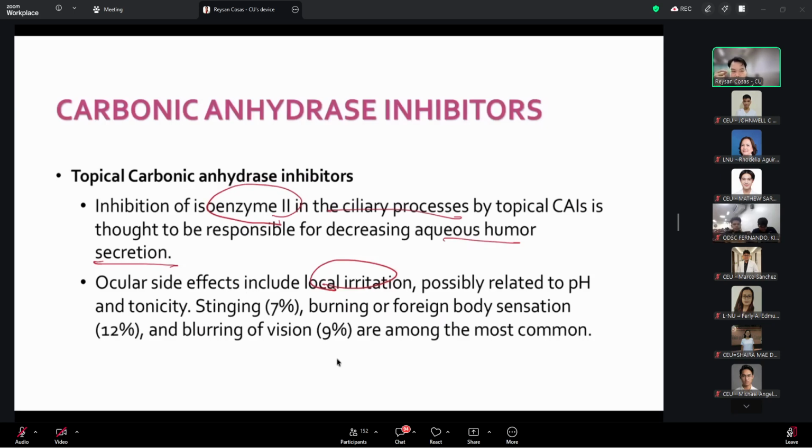Kasi nga, di ba, KIs could affect the pH. It could also cause stinging, okay, or even burning or foreign body sensation. Also, blurring of vision is also documented as one of the most common side effects of topical KIs.